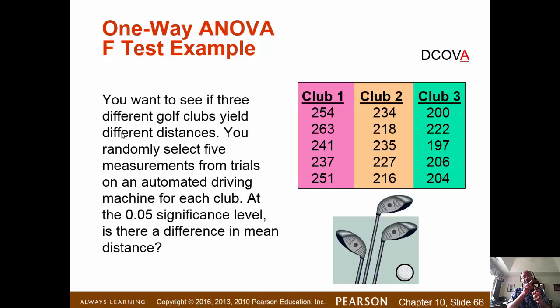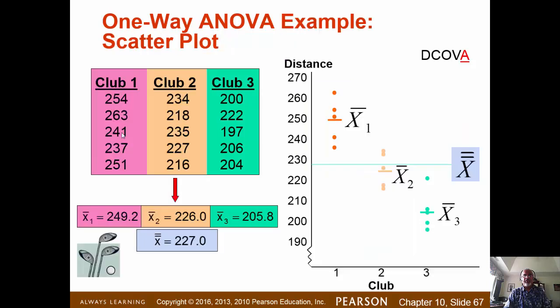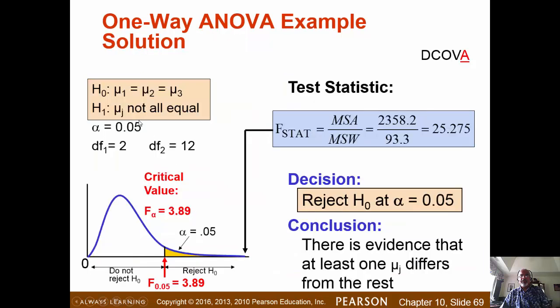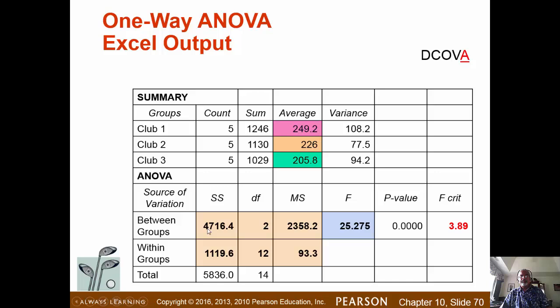We want to see whether the average driving distance is the same for the 3 different golf club makes. We compute the X bar value for each sample and X double bar, and then we plug the values into the different formulas. We compute MSA and MSW, compute F stat and the F table value, and arrive at a conclusion.